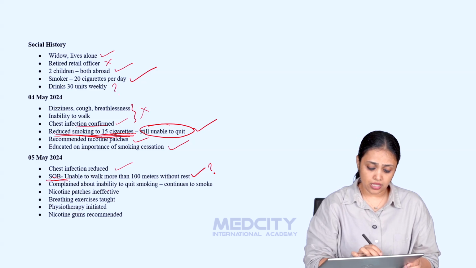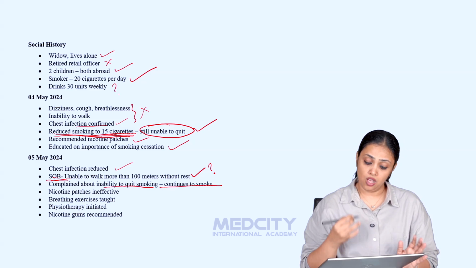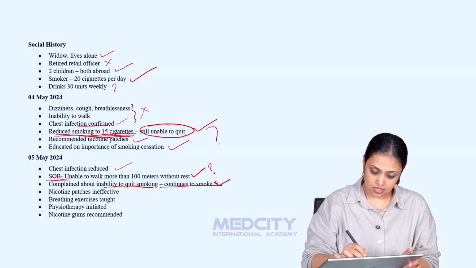Then complained about inability to quit smoking, continues to smoke. That is, the patient is still smoking. You should consider this, but make sure you include this idea without repetition.